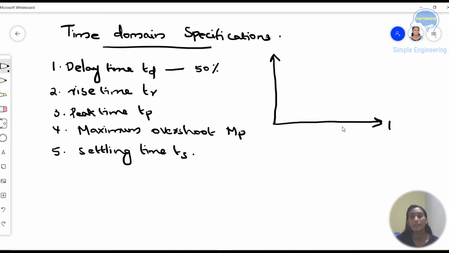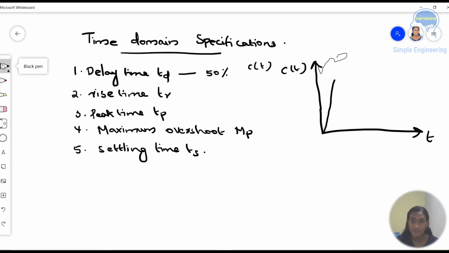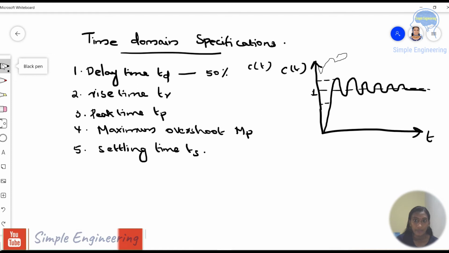and we have time on the x-axis and C of t, the output, on the y-axis. So our response will be like this. I am taking here it is 1 and this is the maximum value, and here it is 0.5, and here it is C of TP, the peak value.